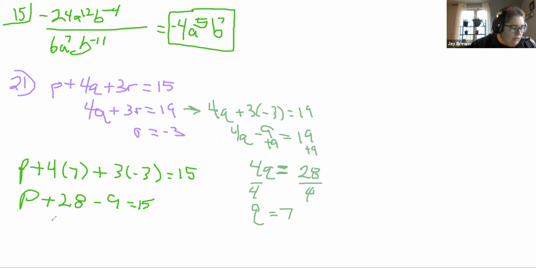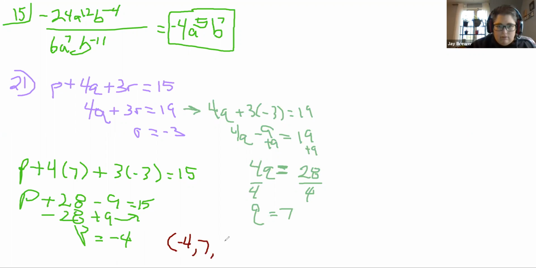If we subtract 28 and add 9 to the opposite side, we end up with P equals negative 4. So then your triple is just negative 4, 7, negative 3. That is your answer.